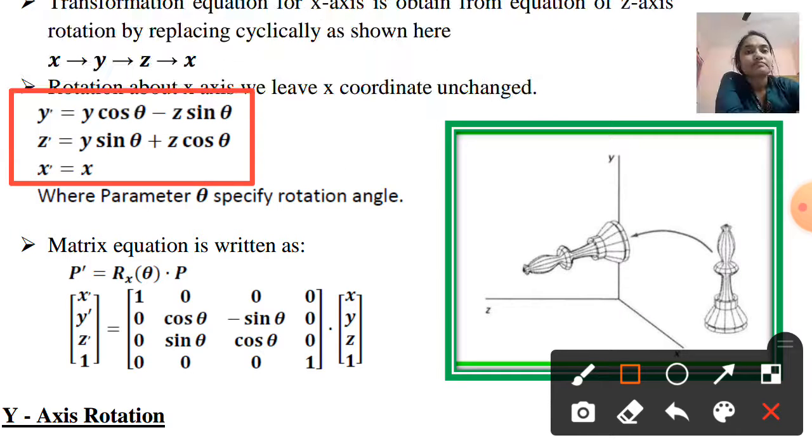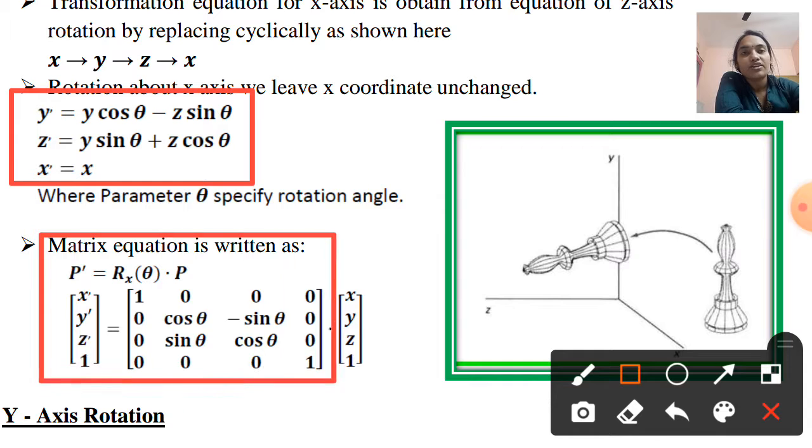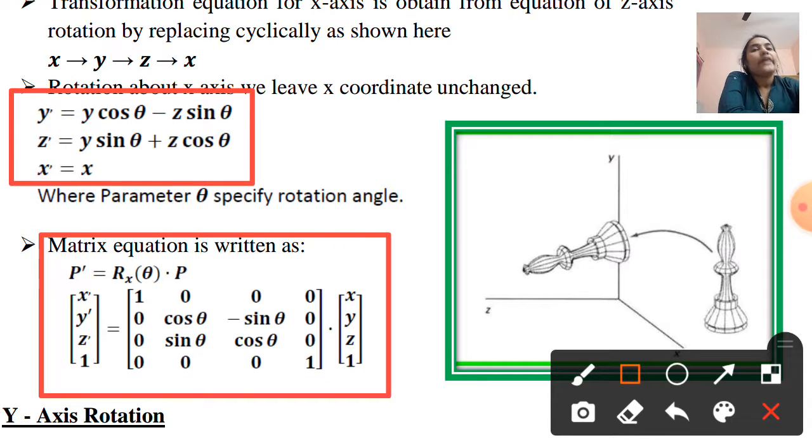And P is our original position x, y, z, 1. So this is our matrix equation for x axis rotation, and this one is how to find out x dash, y dash and z dash.